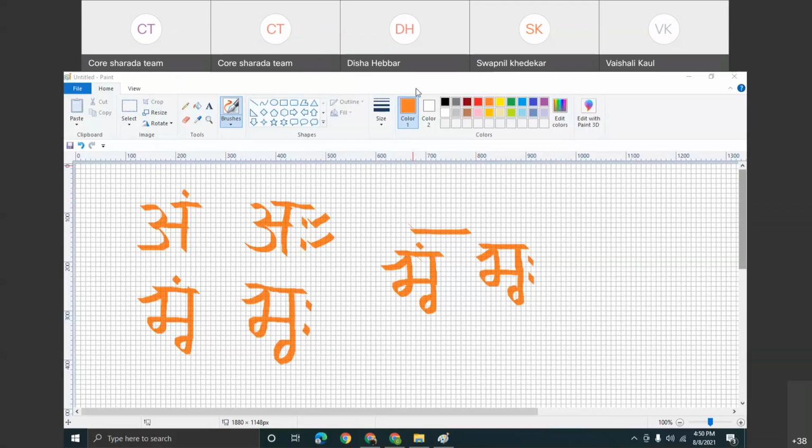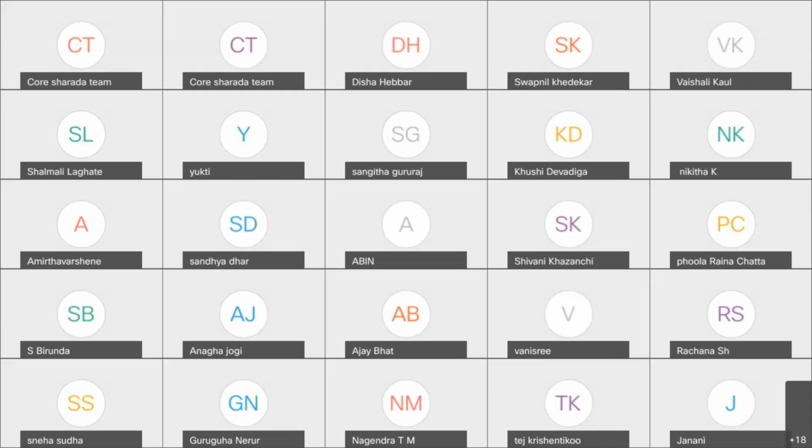Nagendra wants to. Sure, you can just make him the presenter. I will just stop my screen. Nagendra, you can show your screen. Are you able to make him presenter? Yeah, I was able to. First of all, just unmute yourself and then show your video and then show us your notebook, or if you want to share your screen, whatever is possible.